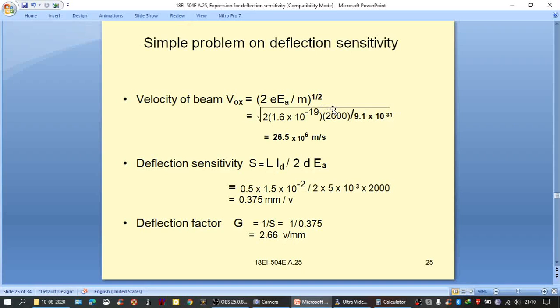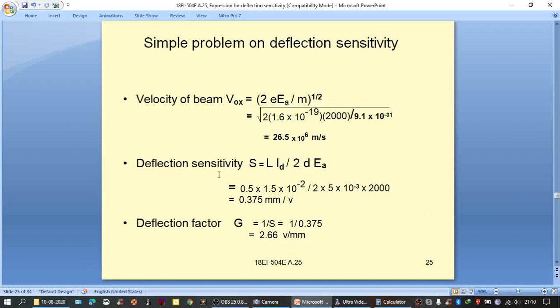It is 10 power 12, under square root is 10 power 6. So the velocity of the beam is 26.5 into 10 power 6 meters per second.